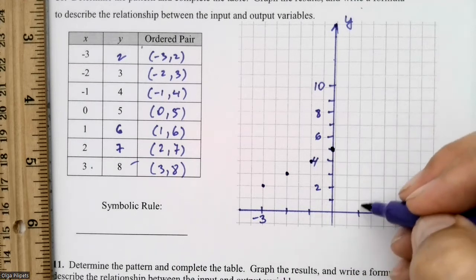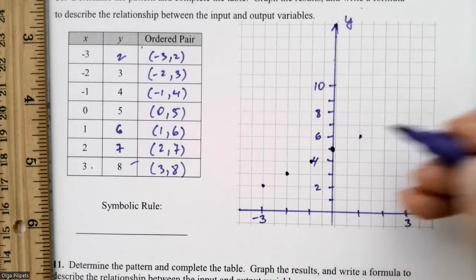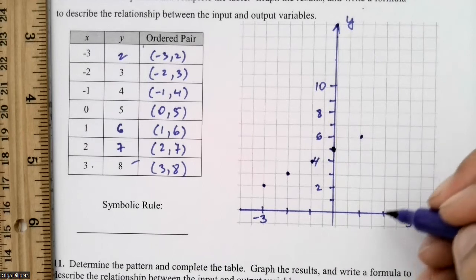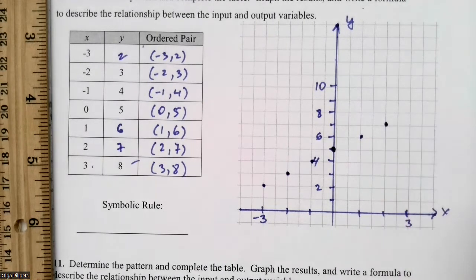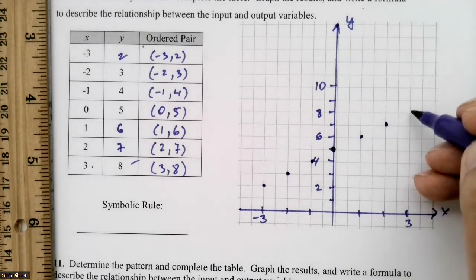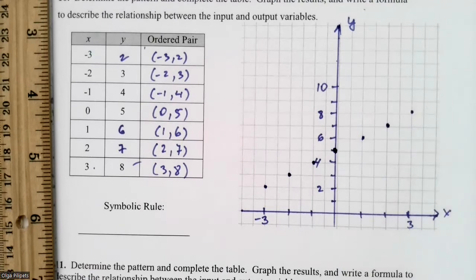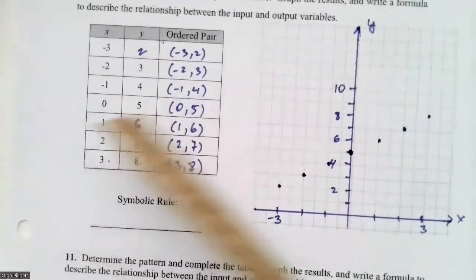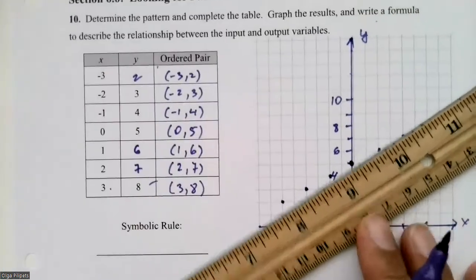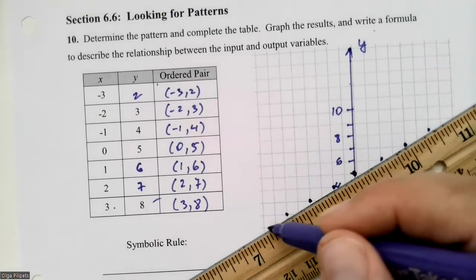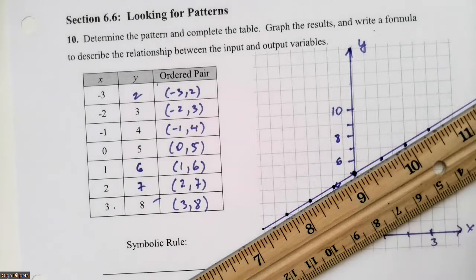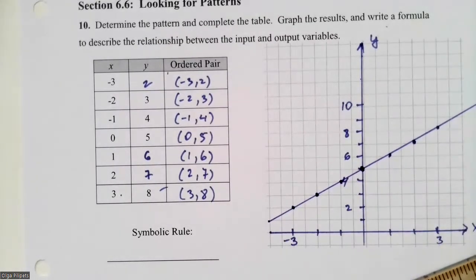Then 1, 6. Then 2, 7. And 3, 8. There you go. So those are my points, and I'm going to connect them. Here we go. That's my graph.